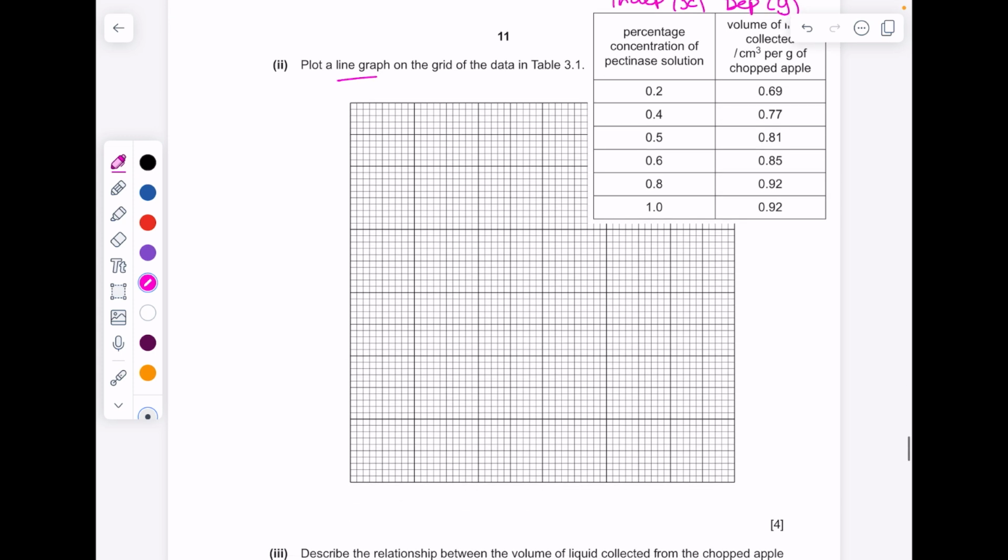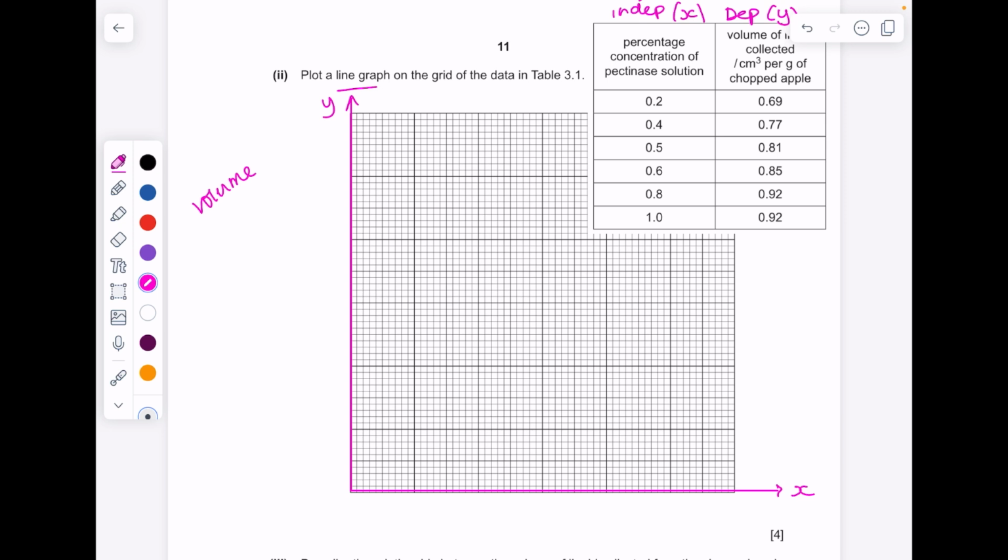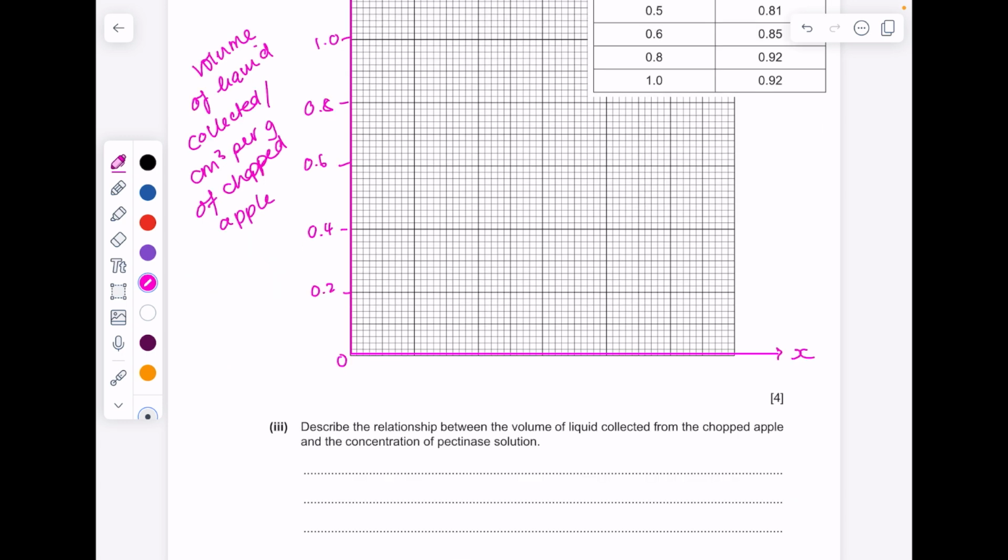Just use the table headings as your axis labels, and then you won't forget your units. Make sure you occupy as much of the scale as possible. You really want to fill your graph paper.